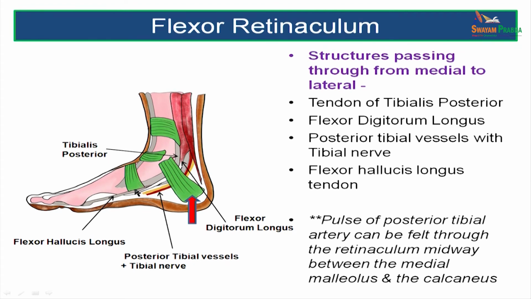Flexor hallucis longus is a long tendon that extends right up to the first toe. The pulse of the posterior tibial artery can be felt in this region posterior to the ankle, and it's one of the peripheral pulses which is examined in the living patient.